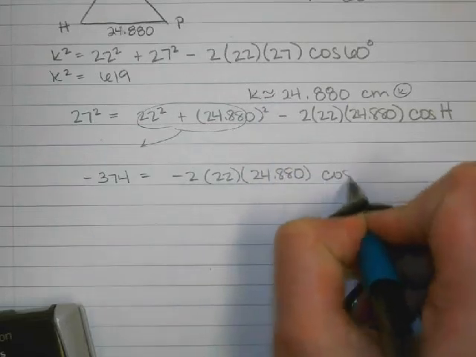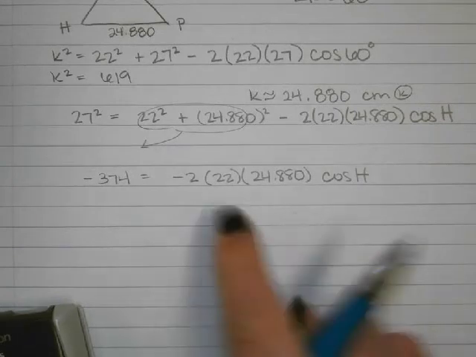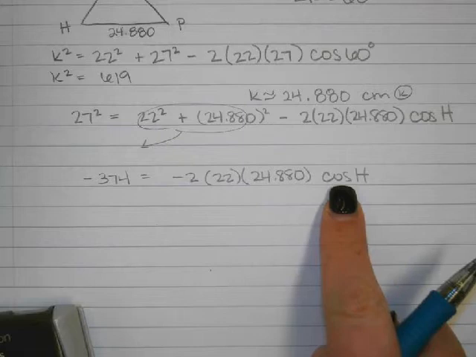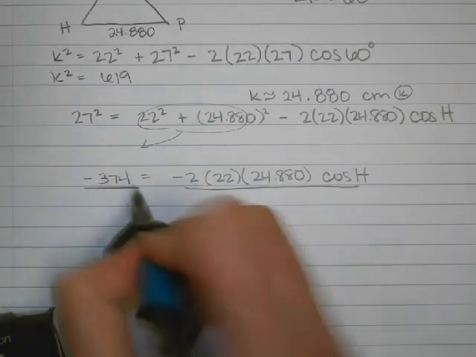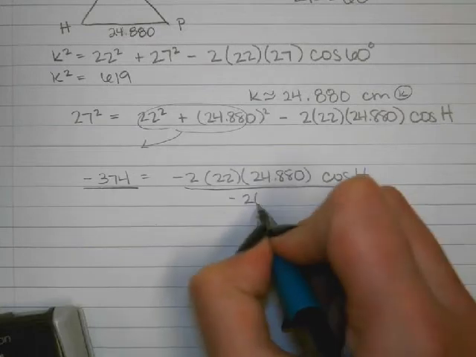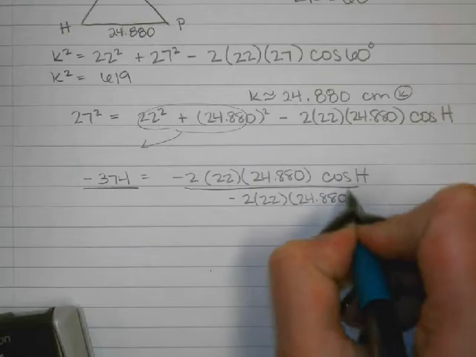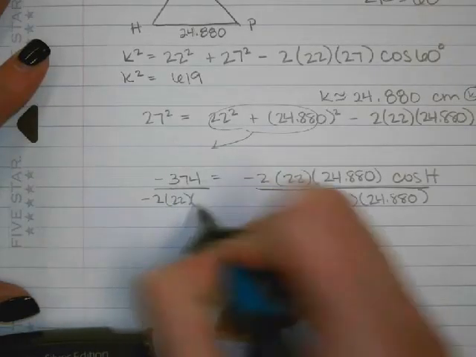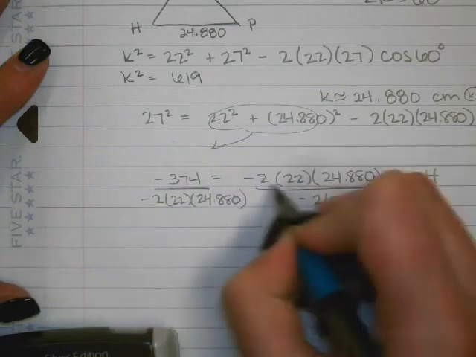24.880 cos H. So what I have now is I have some decimal that's the coefficient for cos H. So now I just need to divide this number on each side, divided by negative 2 times 22 times 24.880.